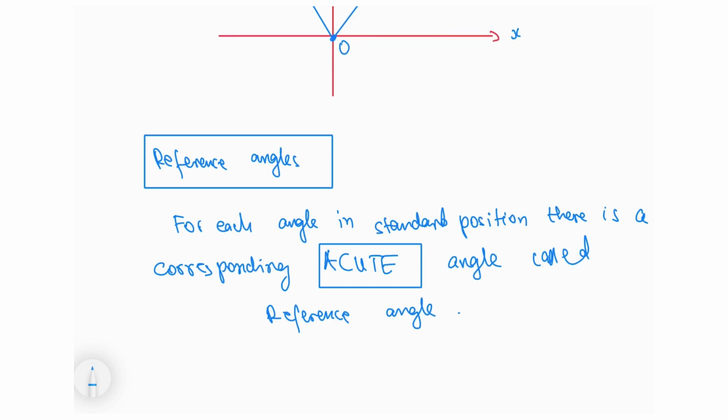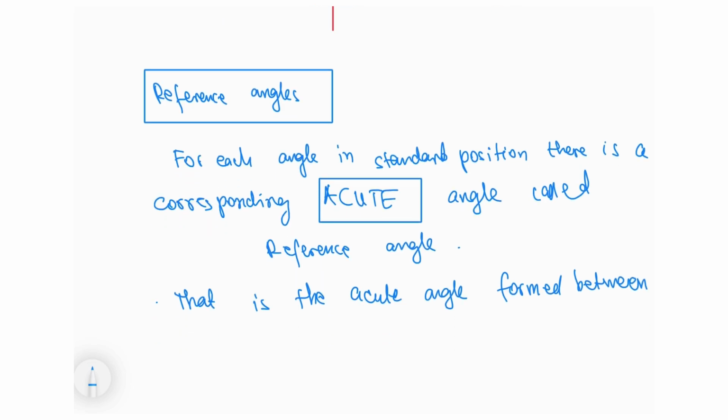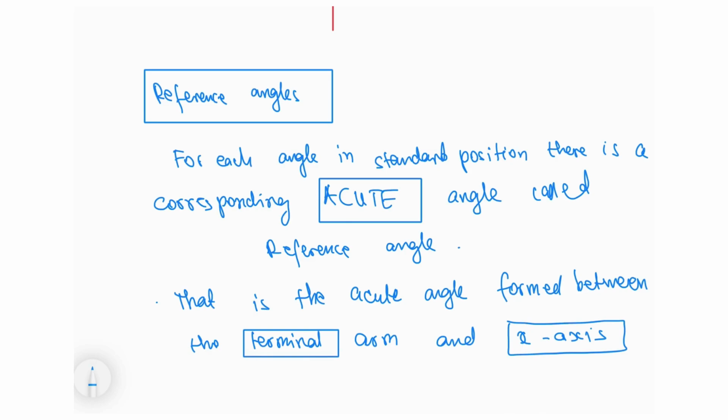That is the acute angle formed between the terminal arm and the x-axis. So between the terminal arm and the x-axis.